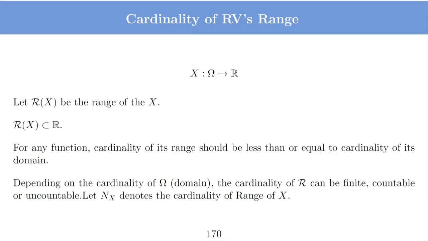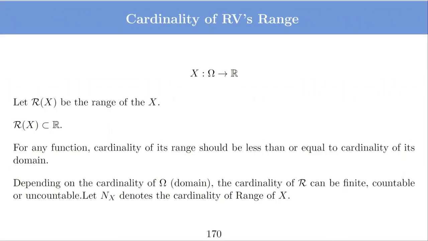If I collect all these numbers which are mapped to at least one omega, then I will get the range of X. Okay, so this is consistent with the range of a function, which means that if a function is defined from A to B, then the range is the set of all y such that y is equal to f(x) for at least one x in A.